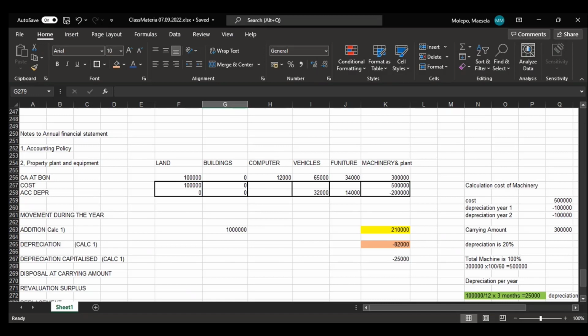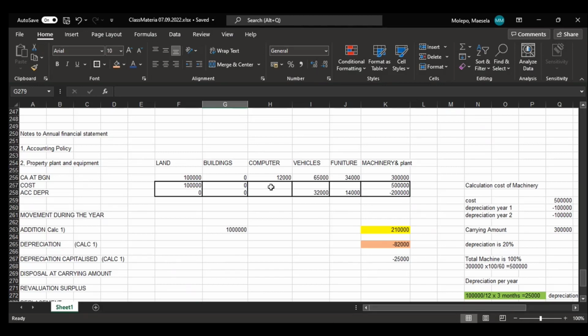So this thing was sold at the beginning of the year. Sorry, it was sold on 31 December for 3,000. During the year. Yeah, actually it was sold during the year.